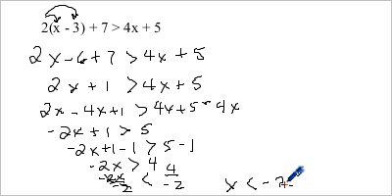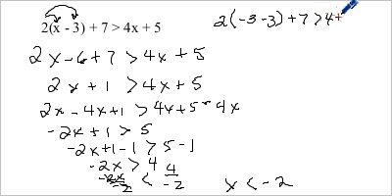So for example, it could be negative 3. Let's substitute that in. 2 times negative 3 minus 3 plus 7 is greater than 4 times negative 2 plus 5.